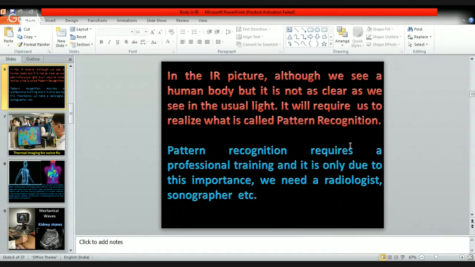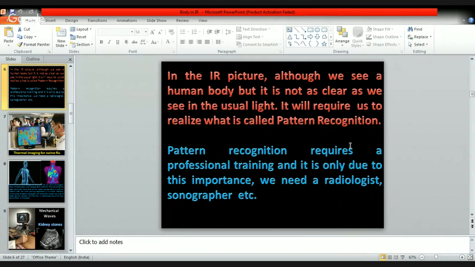Now in the infrared picture, although we see a human body as clear as we see in the usual light, it will require us to realize what is called pattern recognition. Suppose we are seeing each other through an infrared camera or through an X-ray, then we will have to have pattern recognition.